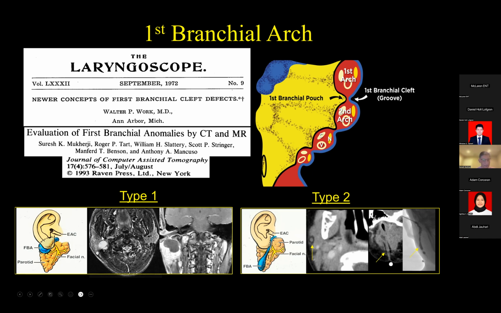Now, I'll add one little caveat to this. If this was an adult and you end up seeing a pure cyst involving the parotid gland, we could call that a parotid cyst. We could call this a sialocele. But one thing that we ended up finding out is that we looked at about 100 of these branchial anomalies.